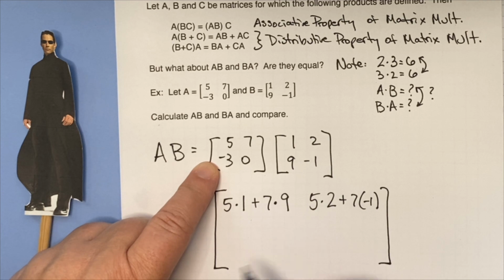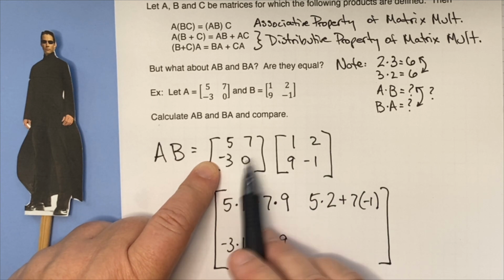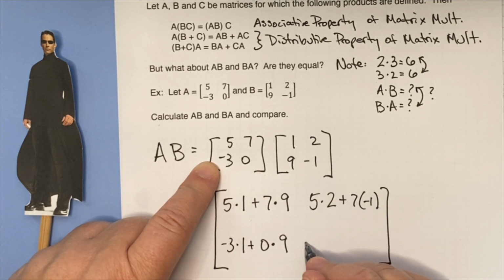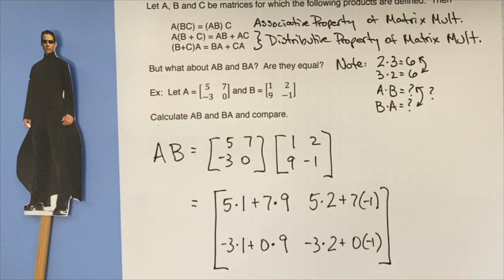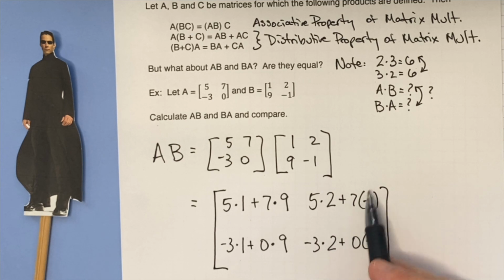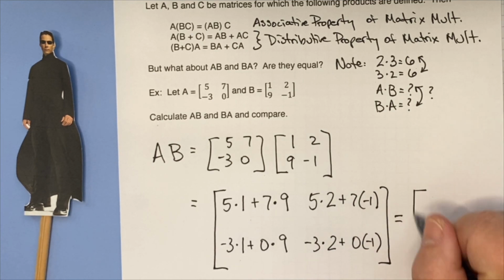Second row, first column, negative 3 times 1 plus 0 times 9. And then negative 3, 0 times 2, negative 1. Negative 3 times 2 plus 0 times negative 1. And as before, we could notice the patterns, right? So we got lots of patterns going on.